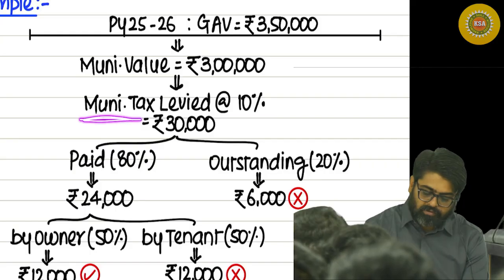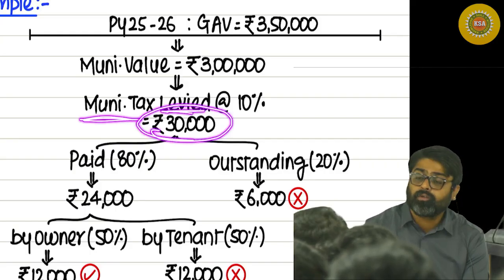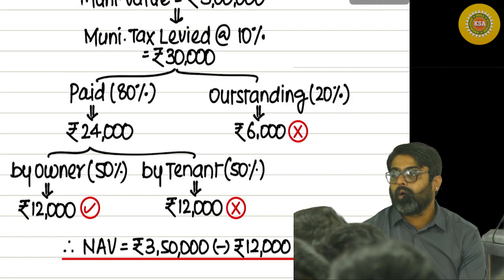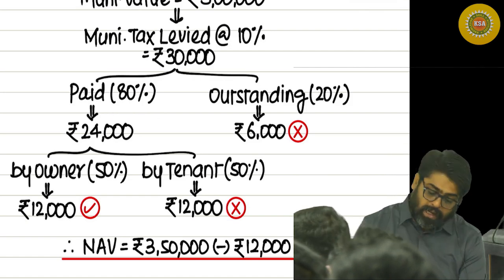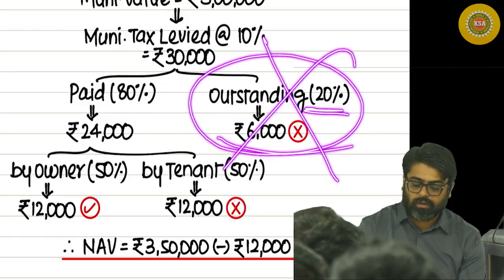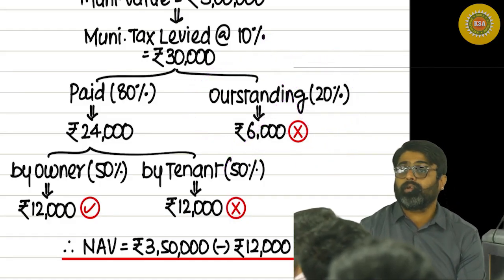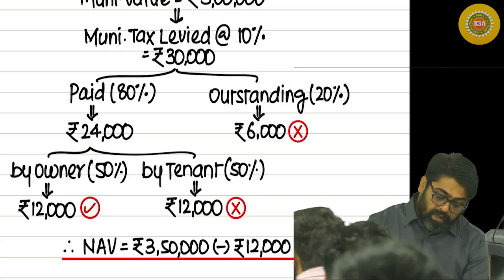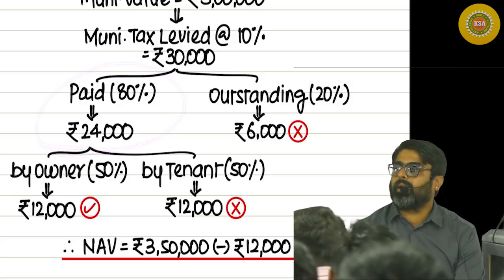So municipal taxes levied by the local authority are 30,000. Out of that, 80% is paid, and 20% is outstanding. Forget about this 20%, you are not going to get any deduction for it because it is not paid. So the 80% which is paid can be claimed as a deduction.